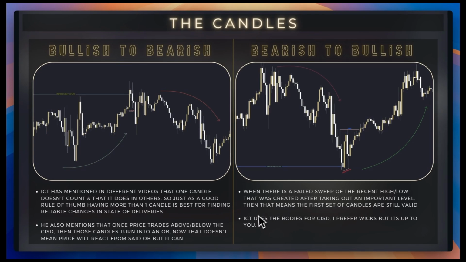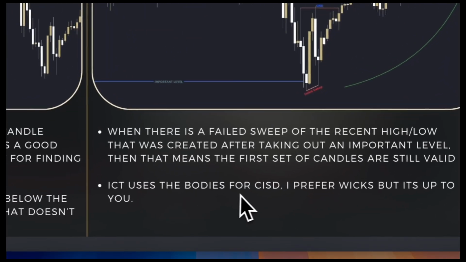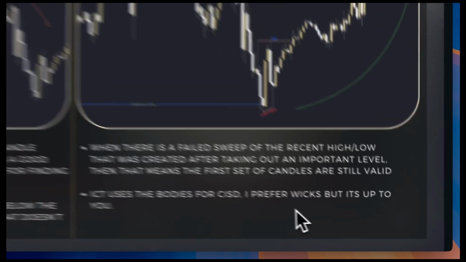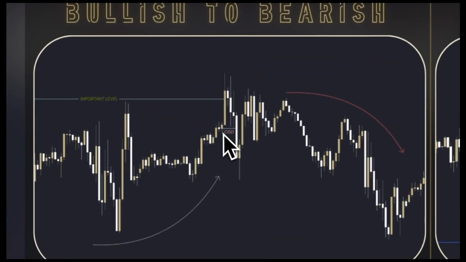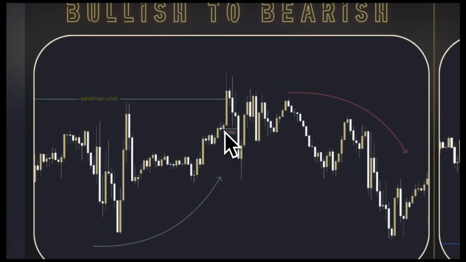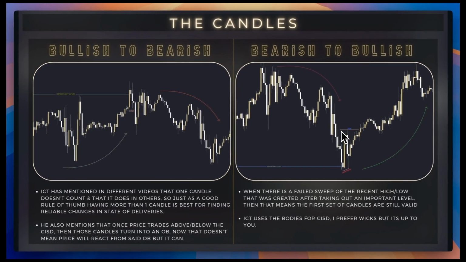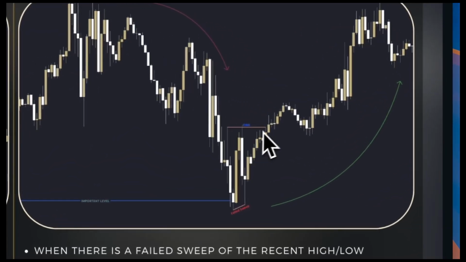Okay, now ICT uses the bodies for change in state of delivery. I prefer wicks, but it's up to you. Now here, as you can see, I have the body of this candle right here, the opening of this candle right here, and on this example I have the wick marked up waiting for the change in state of delivery here, right?